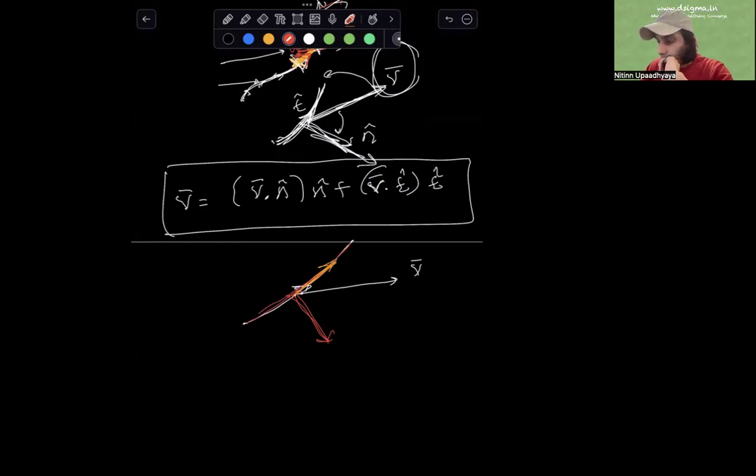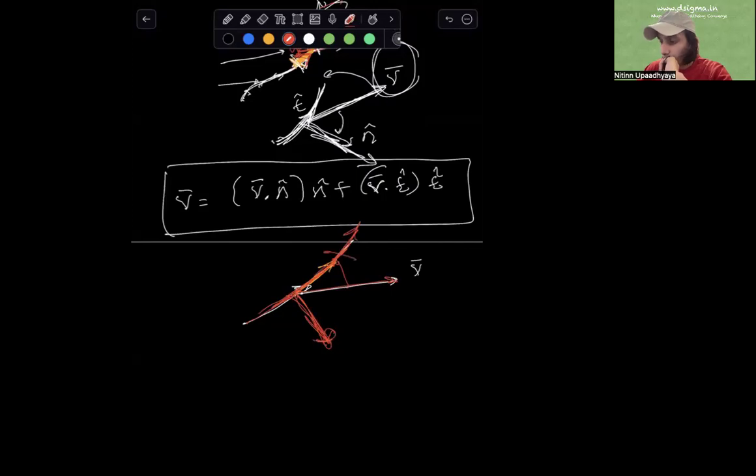In other words, if this is the velocity vector field, and if I take its projection along the tangent to the curve, is this leading to a flow across this particular path? And the answer is no. The only part of the velocity field or any arbitrary vector field which flows across this path is given by the normal, whereas the tangential one is just following along with the path.